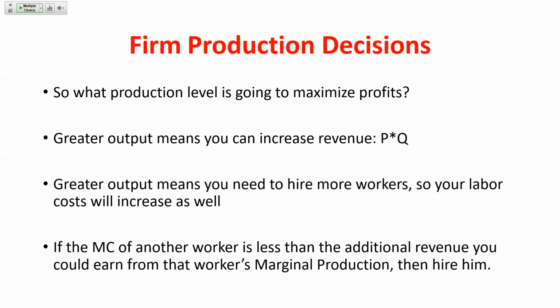So as long as that price is above my marginal cost, I keep producing more and more, increasing quantity, because I'm adding more revenue than I am adding costs. So I'm increasing profit. I then go all the way up to the point where price is exactly equal to marginal cost, or the additional revenue is exactly equal to the additional cost. That's where my profit will be maximized.